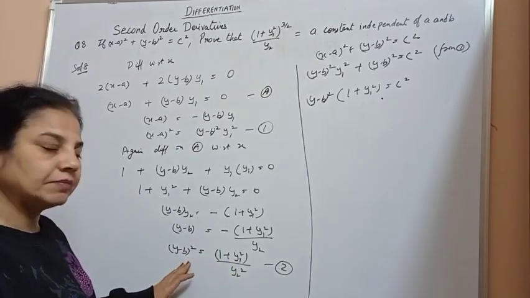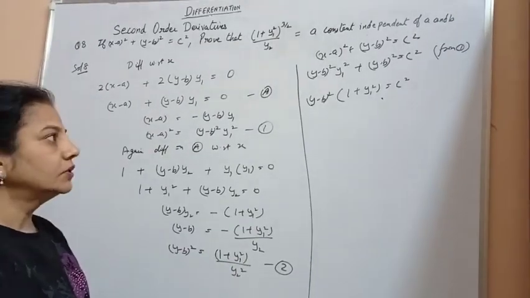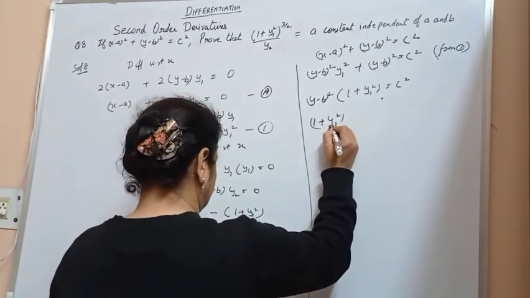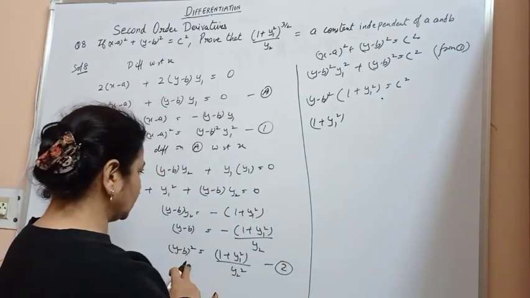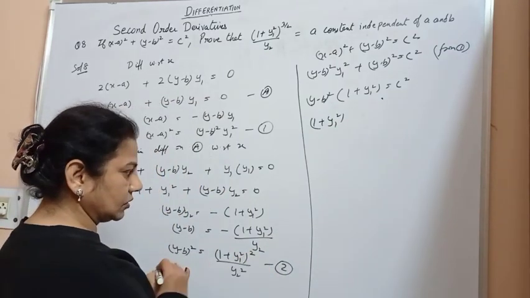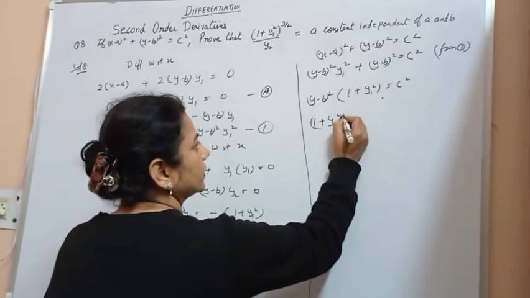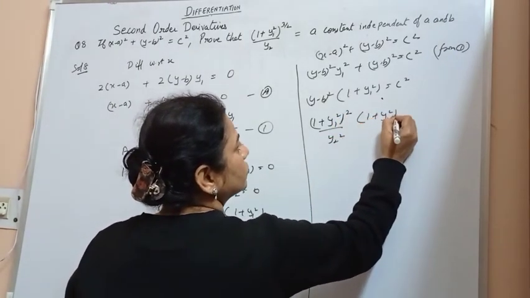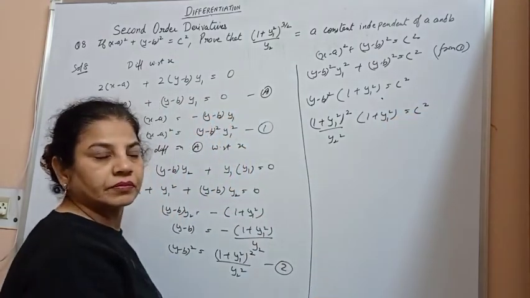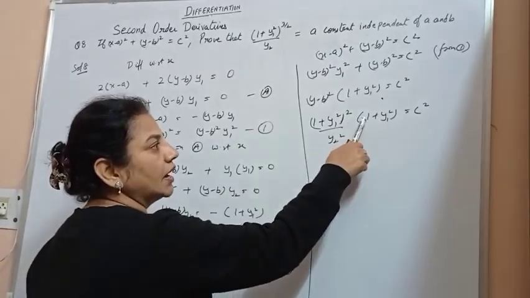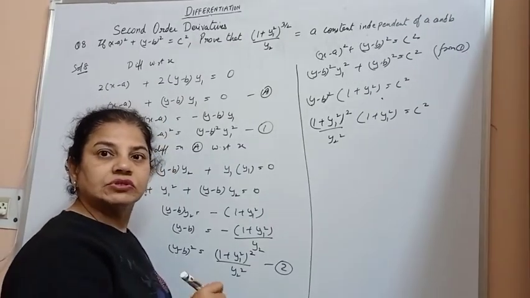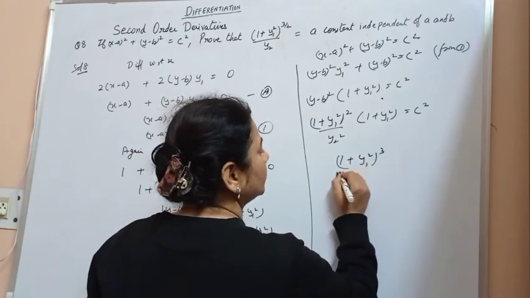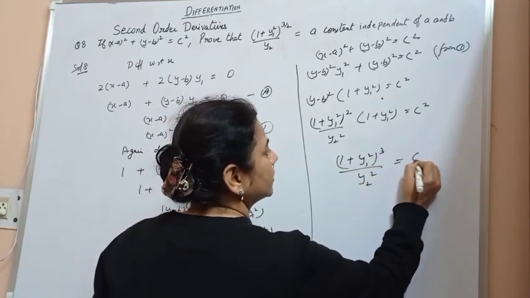So I replace y minus b whole square by this, from 2 I get 1 plus y1 square whole square upon y2 square times 1 plus y1 square is equal to c square. 1 plus y1 square and 1 plus y1 square becomes 1 plus y1 square whole cube. 1 plus y1 square whole cube upon y2 square is equal to c square.